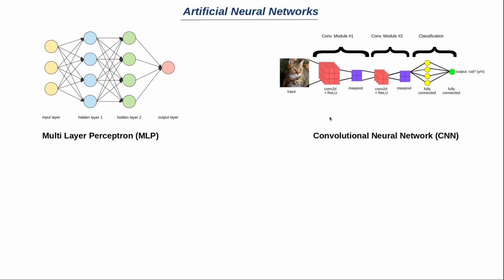And convolutional neural networks, in addition to containing these fully connected layers and the output layer, also contain convolutional layers and max pooling layers. A convolutional layer is basically used to detect the features in the image, let's say the edges present in the image, or it can recognize the shapes present in it and so on.